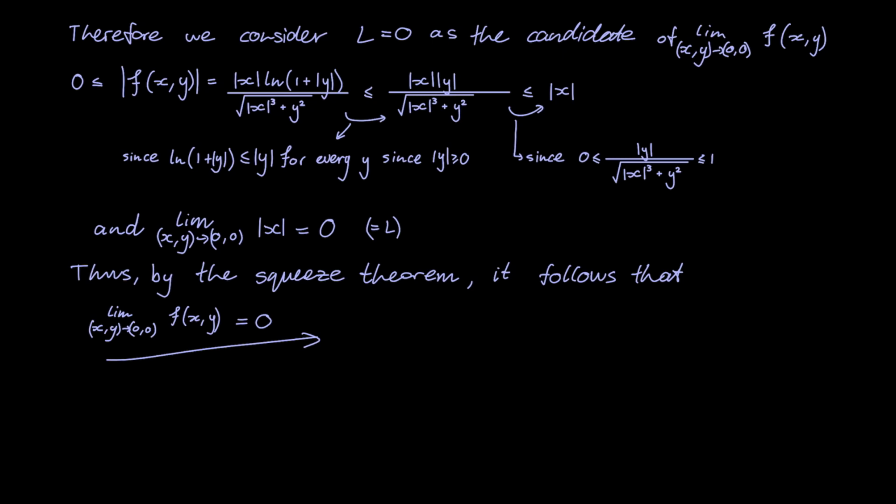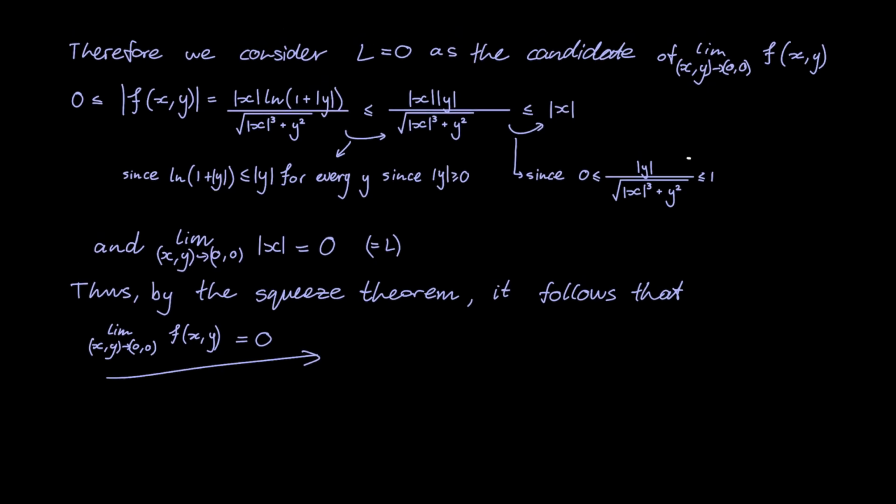And if we do that, then we'll notice something. We'll notice that the absolute value of y over the square root of this positive number plus y squared is going to be between 0 and 1. And the reason this is true is because the absolute value of y is equal to the square root of y squared.